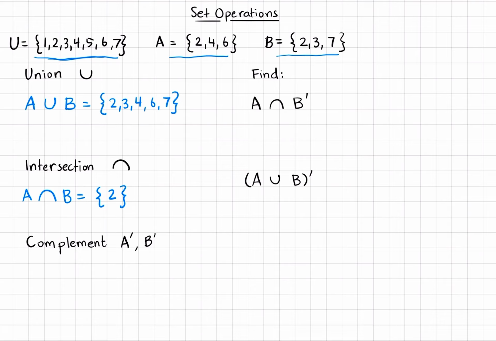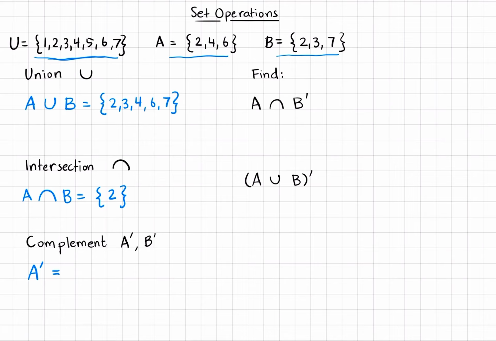The complement of A has an accent on it. It's not really a symbol, it's just an accent on the set. So A accent means the complement of set A, which would be all the elements that are not in set A but are in the universal set.